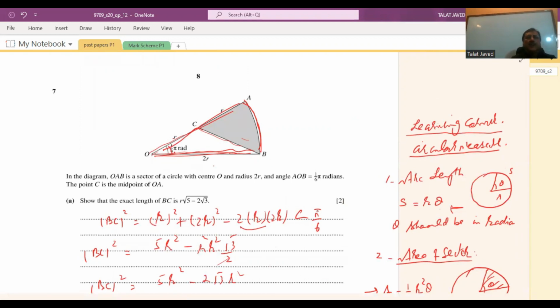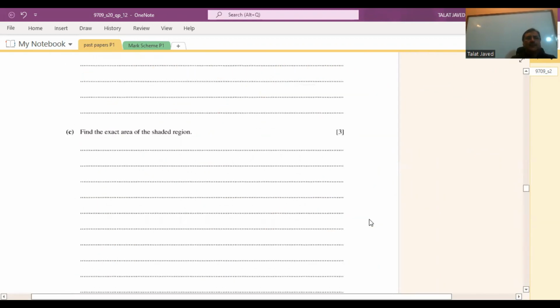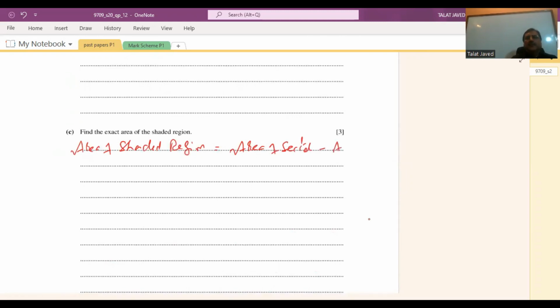So the area of the shaded region is equal to the area of the sector minus the area of triangle OBC. Now we find the area of the sector.